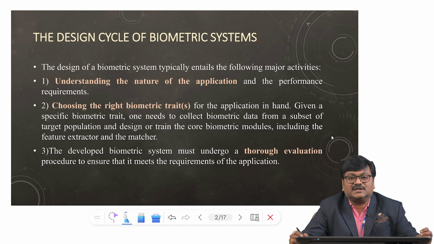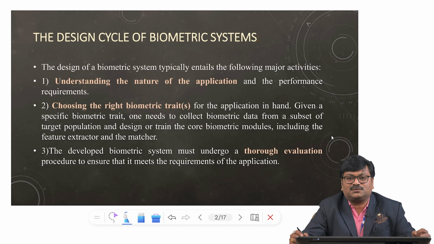And now the third part is, once the application is known to us and once we choose the trait, we need to do the evaluation. That is, we need to make a decision whether to consider him an authorized person or an unauthorized person, whether he is legitimate or illegitimate.